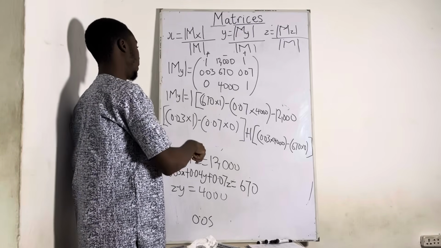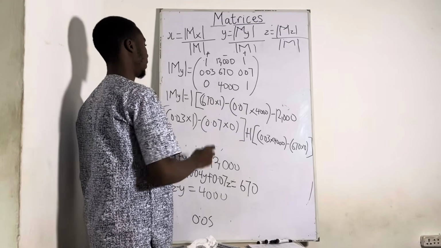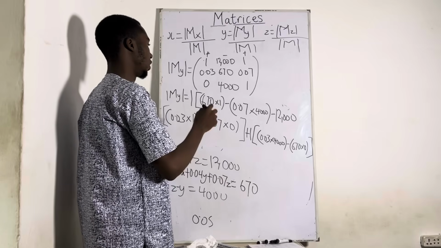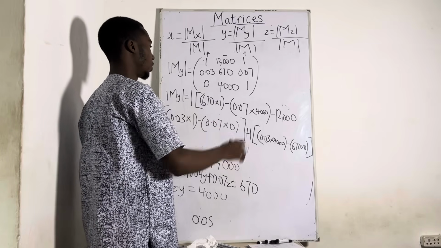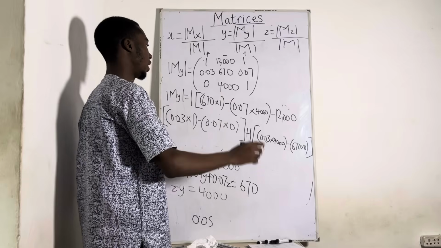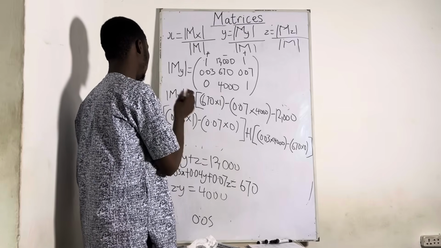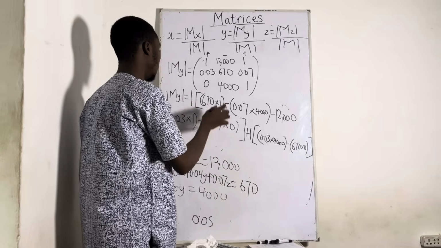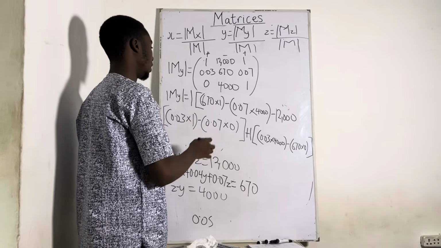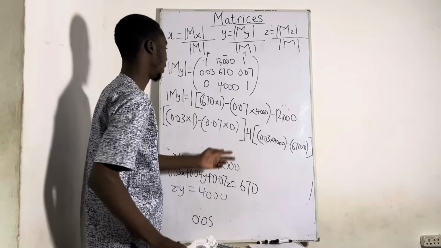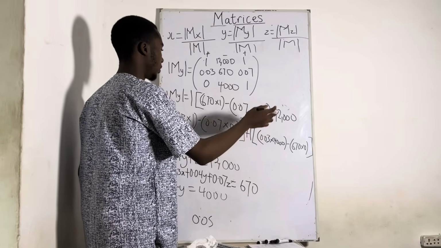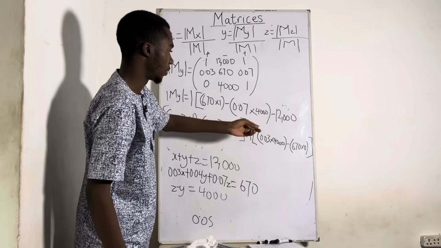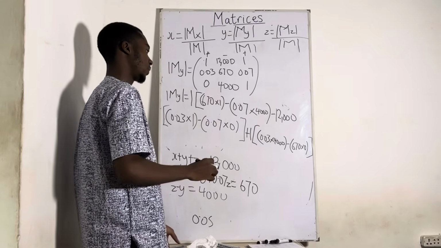1, then you open a big bracket, then into bracket 670 times 1, close bracket, minus into bracket 0.07 times 4,000, close the bracket again, then minus 12,000, then you open the big bracket, then into bracket 0.03 times 1, then close the bracket, then minus into bracket 0.07 times 0, then close the bracket, then close the big bracket as well, then plus 1, then open the big brackets, then into bracket 0.03 times 4,000 minus into bracket 670 times 0.